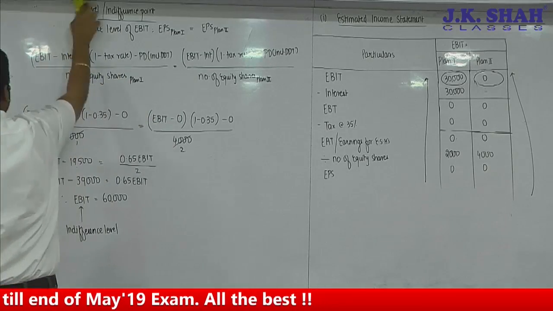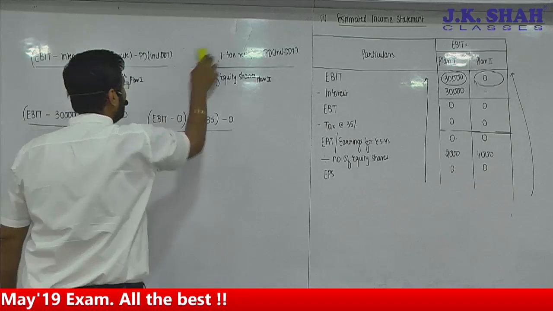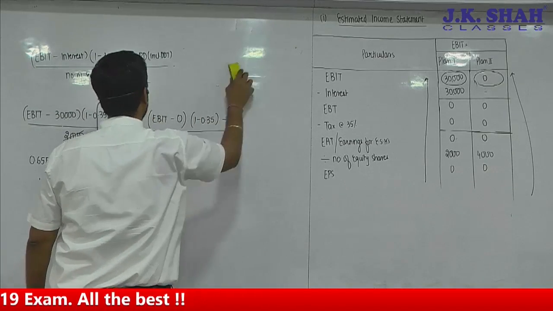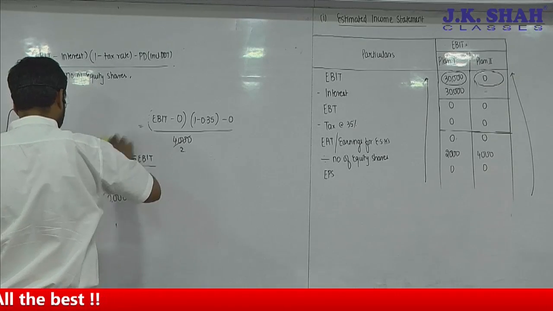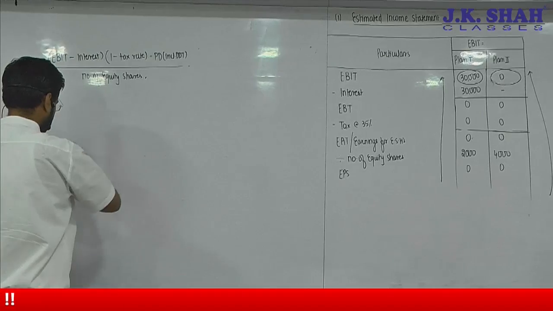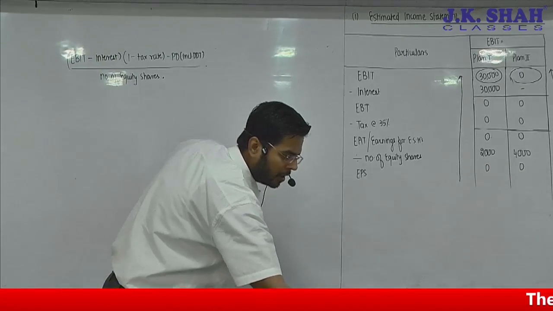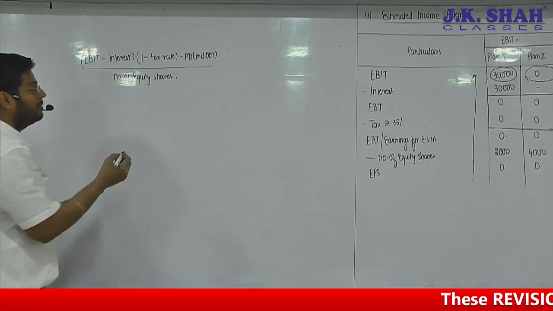Understand this now. So the third point of discussion is the financial break-even point. Let us develop the formula to calculate that FBEP, and you will realize it's very easy to do that calculation. So what is the speciality of FBEP?